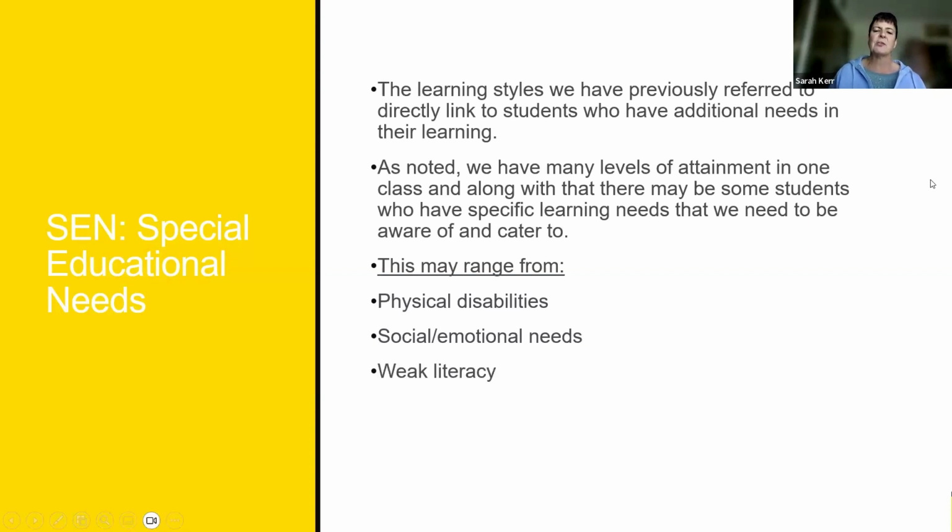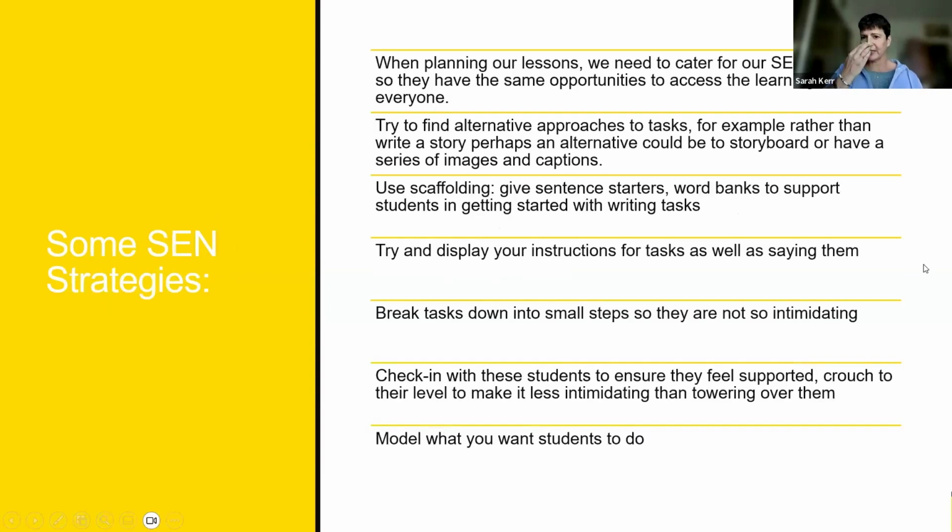Perhaps there are some social and emotional needs which might detract from their ability to stay focused for lengthier periods of time. So, have we broken up our lesson plans into smaller, more manageable chunks? We need to consider our students with weak literacy or any other specific learning difficulties.